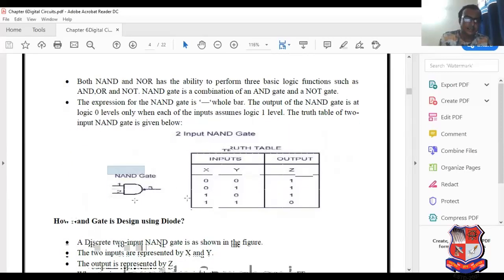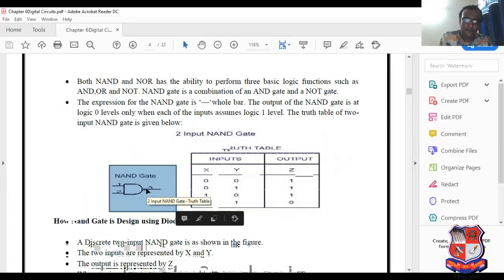See this, this is the symbol of NAND gate. If you apply 0, 0, then the AND gate output is 0. But if you apply it with NOT, then 0, 0 output is 1. 0, 1 output is 1. 1, 0 output is 1. 1, 1 output is 0. What is the meaning of this?